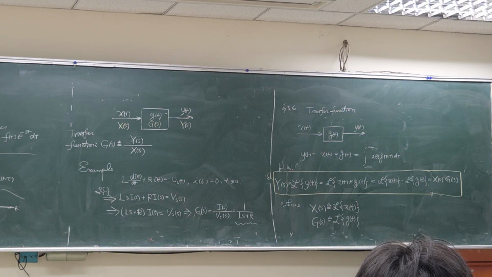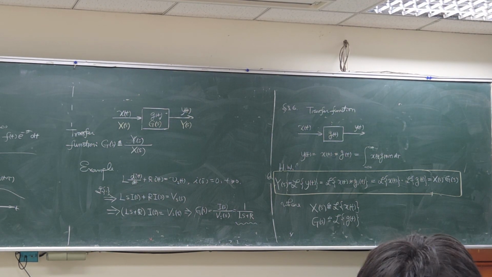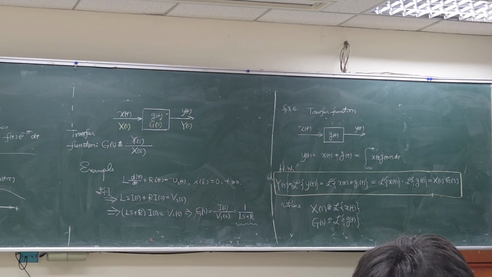Okay, now suppose we are given a transfer function. How do I determine the poles? Let me go to the examples here.